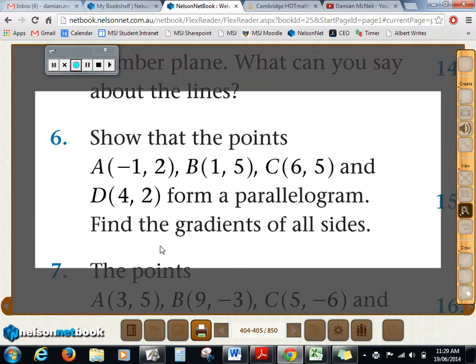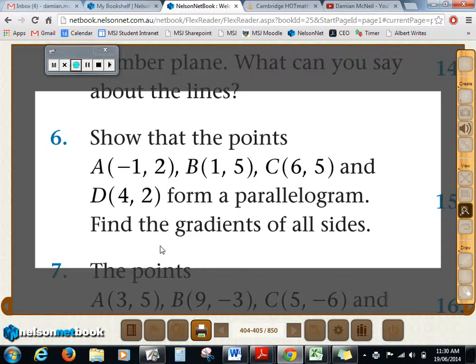Okay. Question number 6 says that you've got to show that these 4 points form a parallelogram. Now, a parallelogram is simply a four-sided figure which has opposite sides parallel. So what you need to do is you need to find 2 opposite sides.